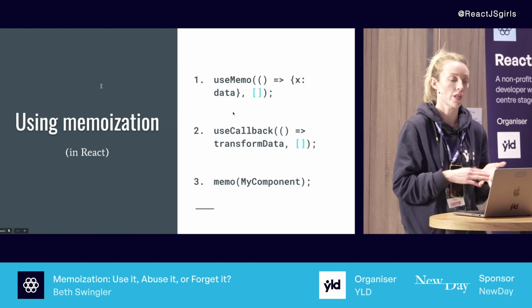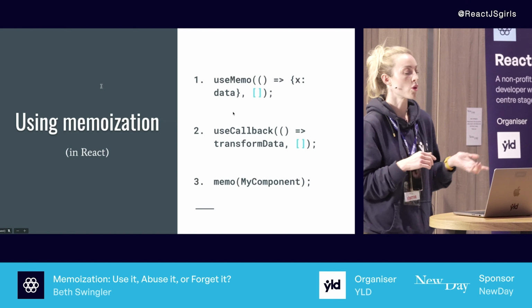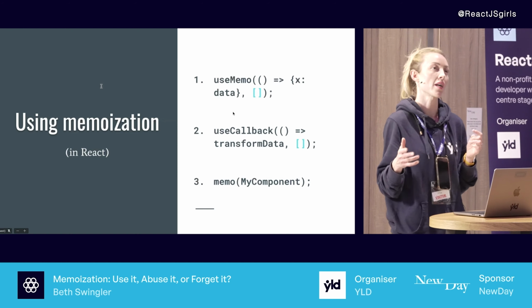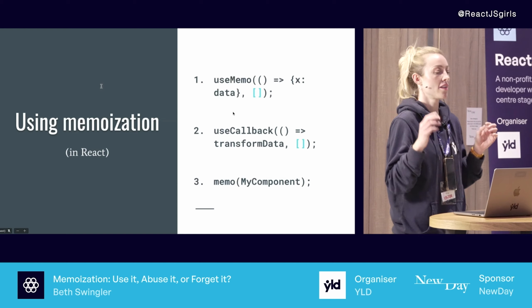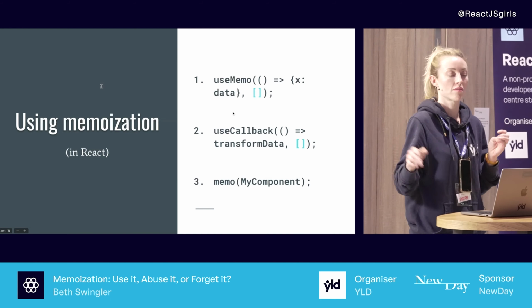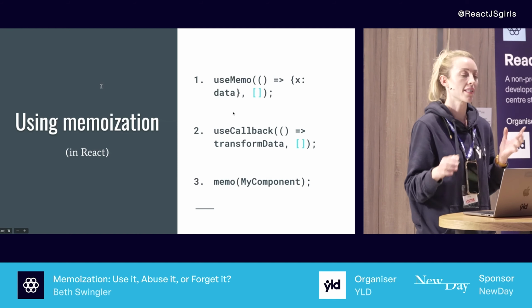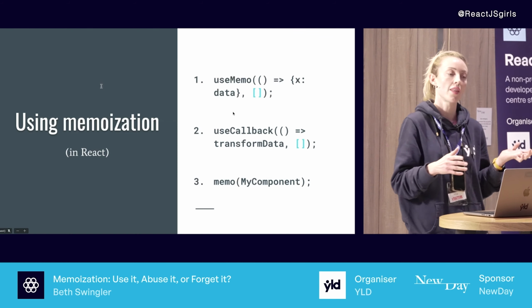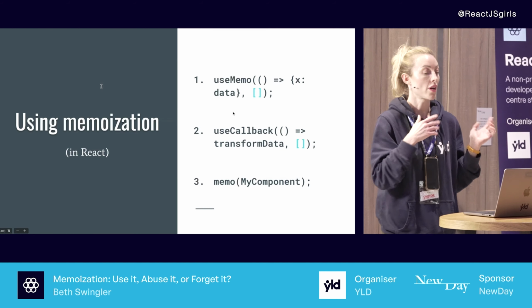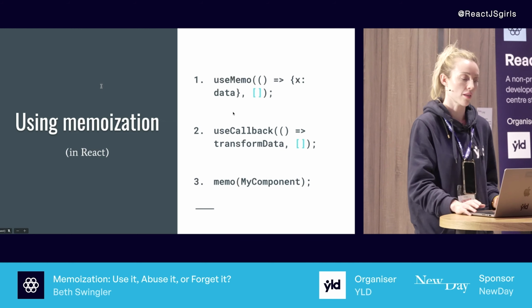The dependency array is really useful. Number 1 and 2, useMemo and useCallback, have an explicit dependency array, which gives you the power to say only watch these values, and it will only update if those values change. Number 3 has a kind of implicit dependency array, and those would be the props given to that component or its own internal state.